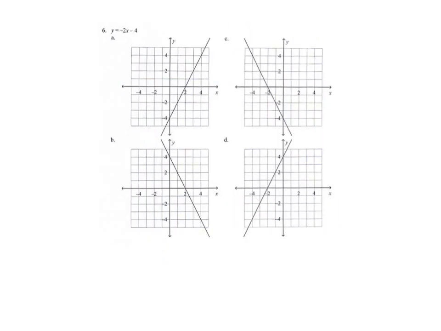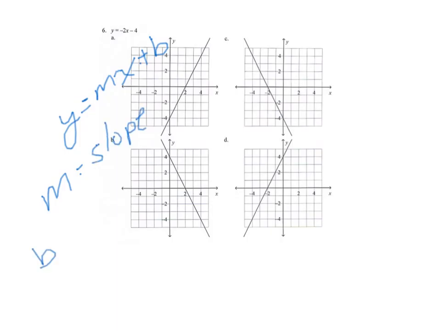Number 6. Now I like to use the formula y equals mx plus b. Remember, m is your slope, b is your y-intercept. So when I'm trying to solve these problems, first thing I'm going to look at is my b.